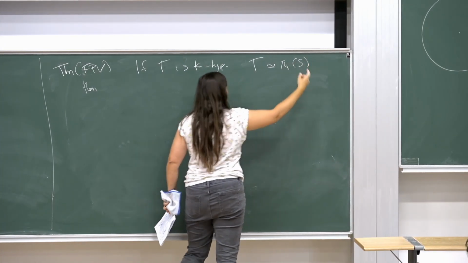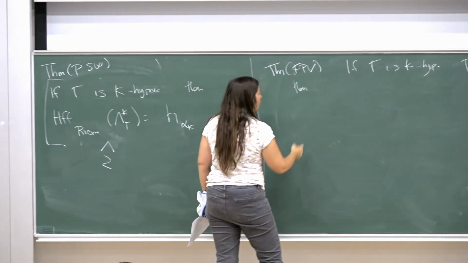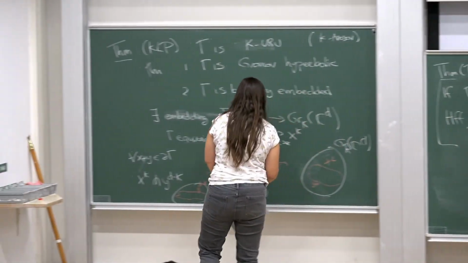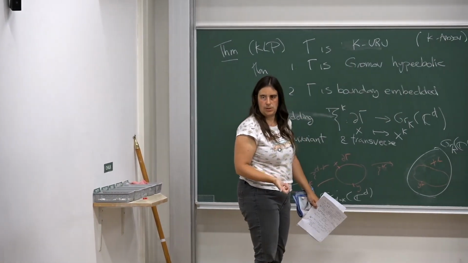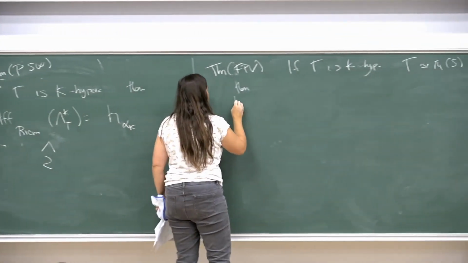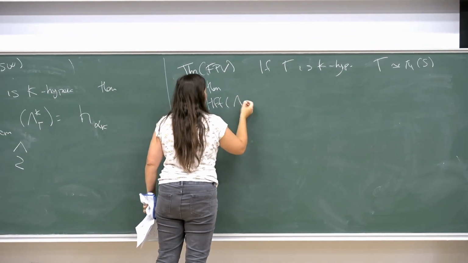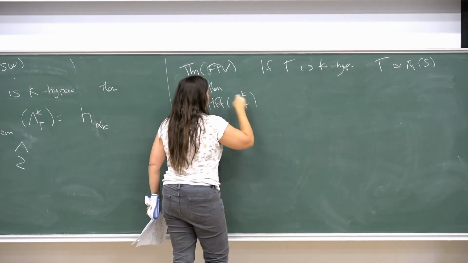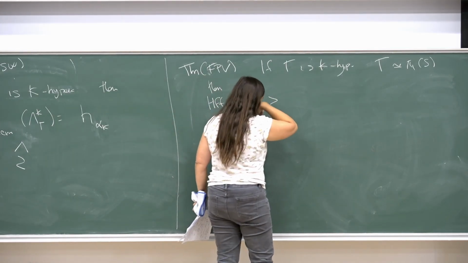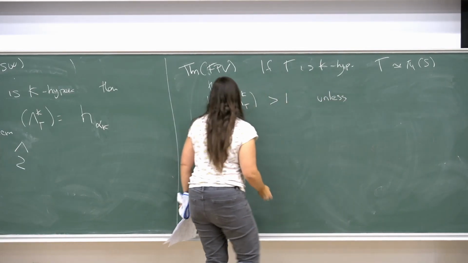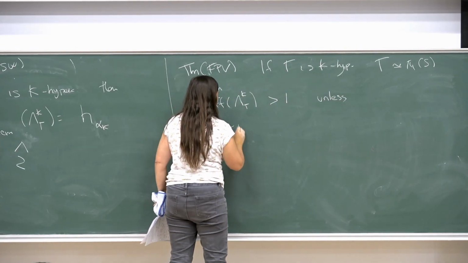So it's really quasi-conformal theory here. Then, of course, this limit set is homeomorphic to the circle, so it has Hausdorff dimension at least 1. But we know that the Hausdorff dimension of the limit set K of gamma is bigger than 1 unless gamma is contained in PSL.